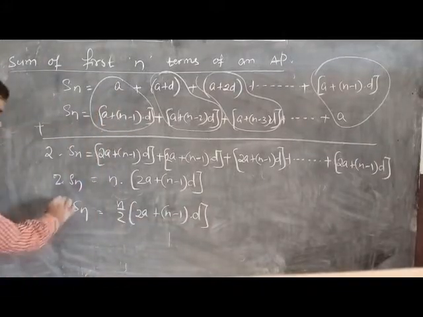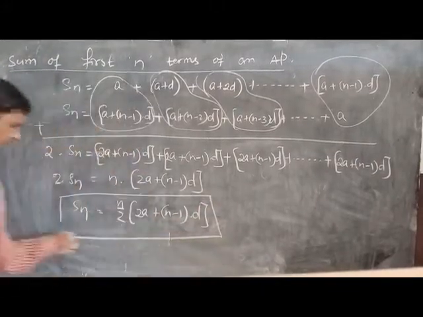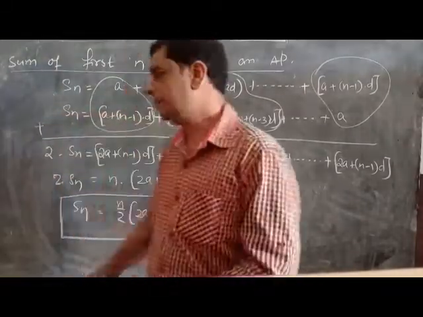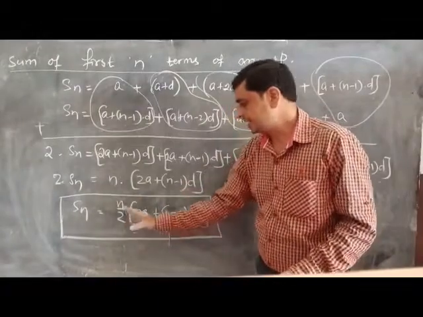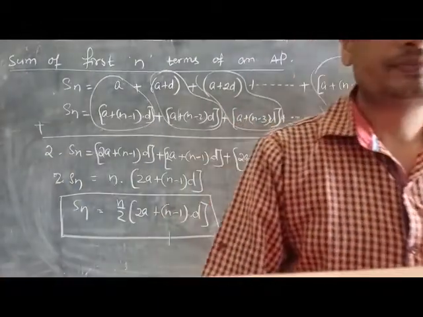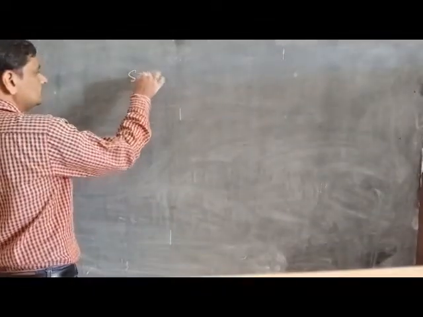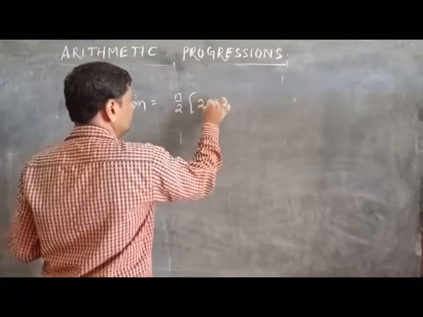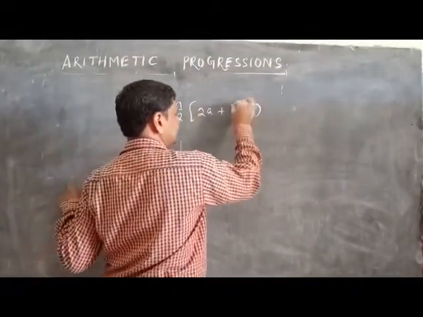This one is the formula to find the sum of the first n terms of an AP: Sn is n by 2 into 2a plus n minus 1 into d.